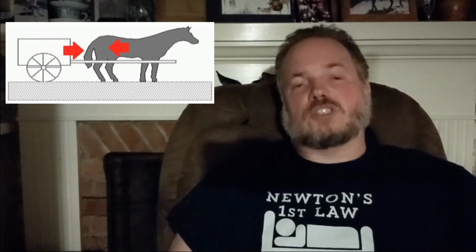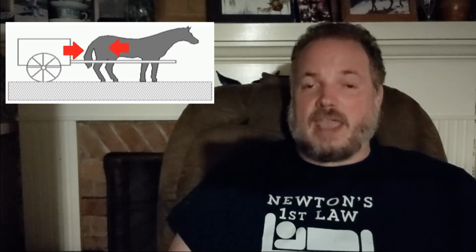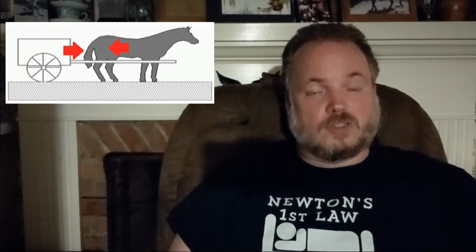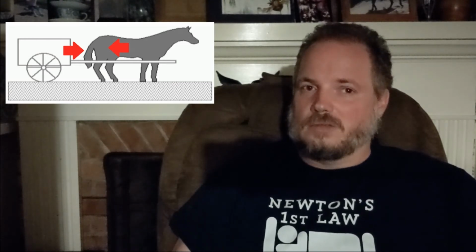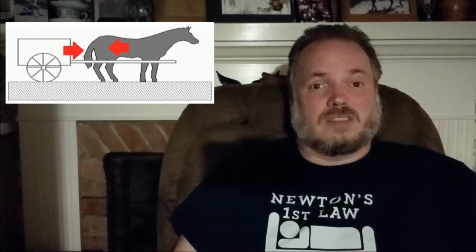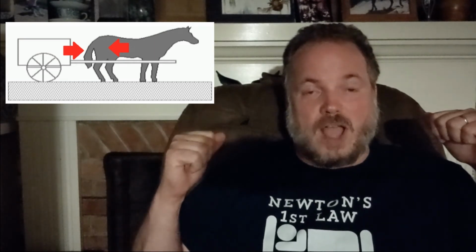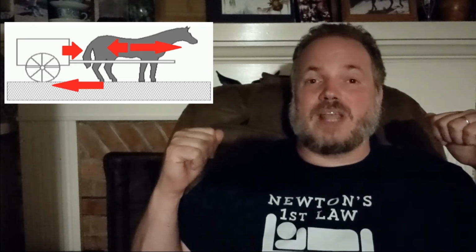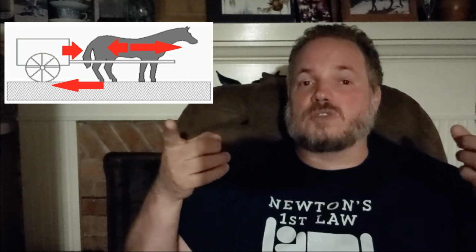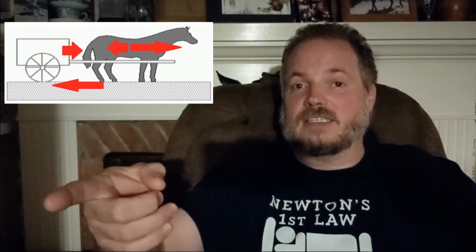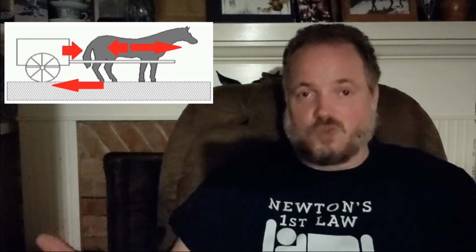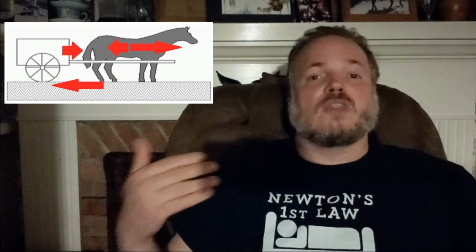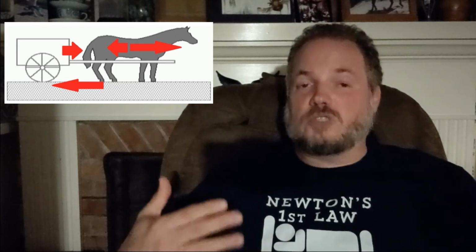Now, there's more than one pair of forces involved when horses pull carts. What does a horse do to pull forward? Same thing a car does. It pushes backward against the ground, in which case there is a reaction force that the ground pushes forward on it. The cart isn't pushing or pulling on the ground. It's got wheels. It's just rolling along, right? So the deal is you have two sets of forces.